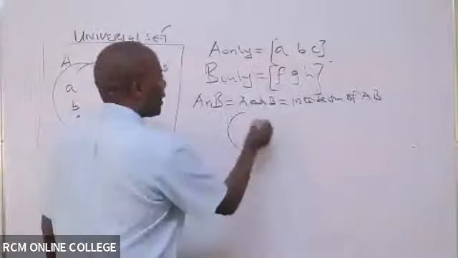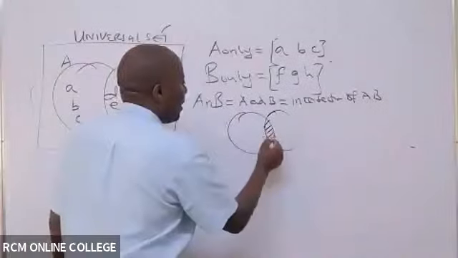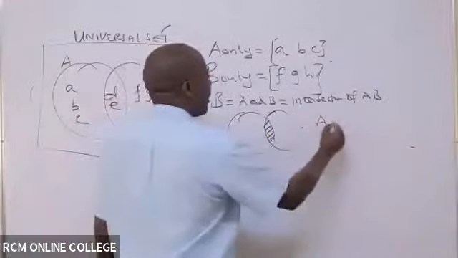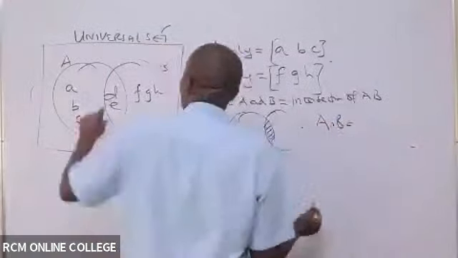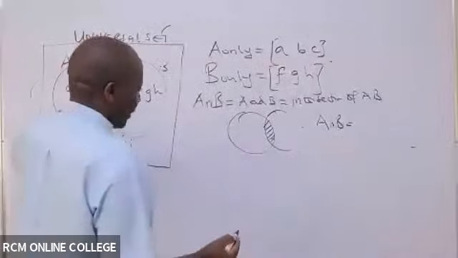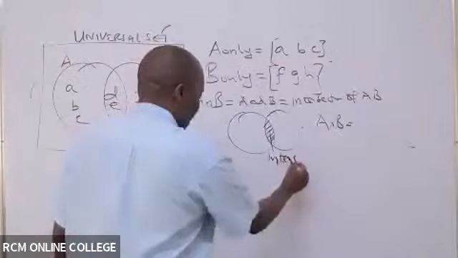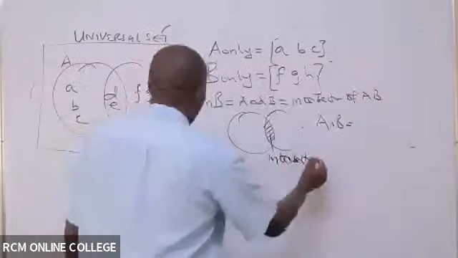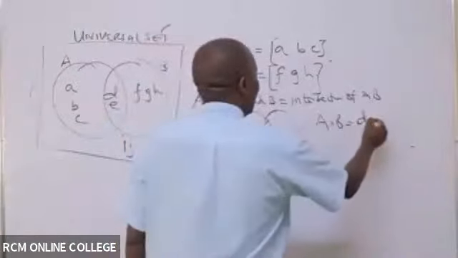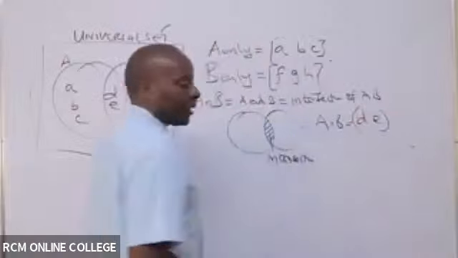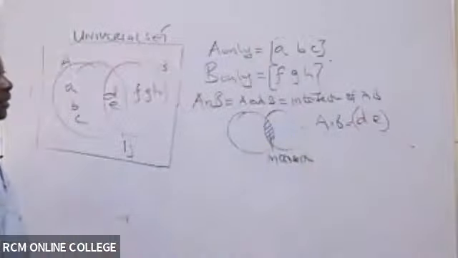Therefore, A and B will be the members that we have here in the intersection. So then A and B is D, E.